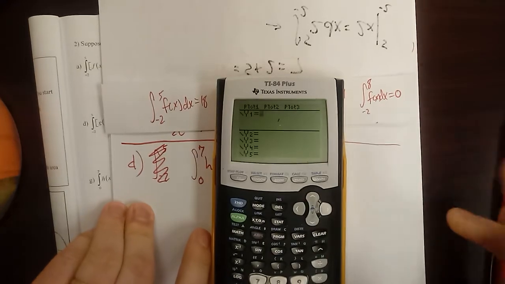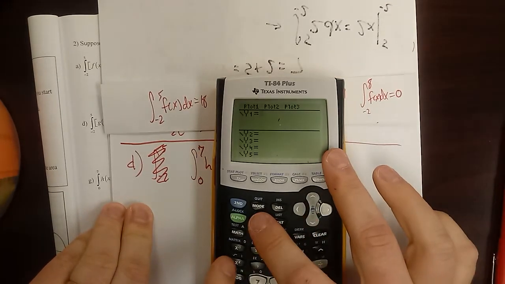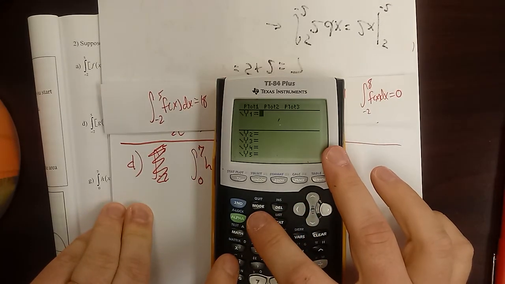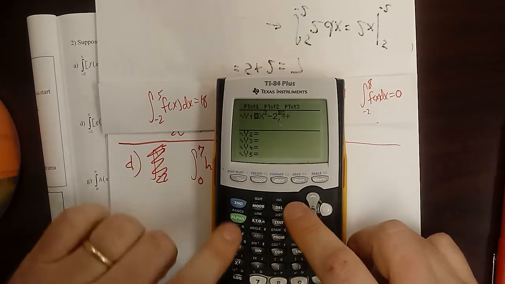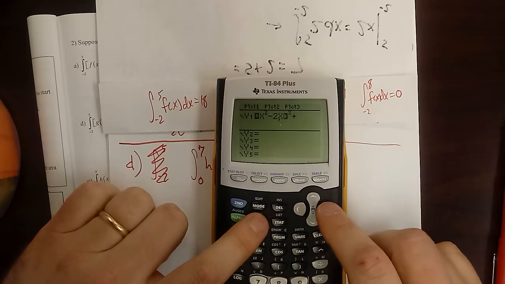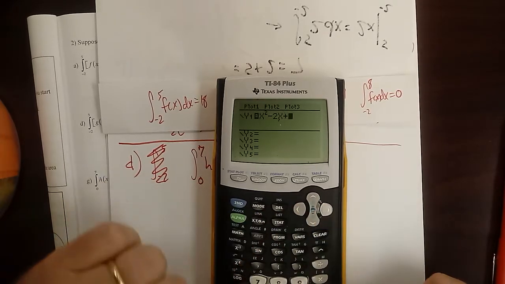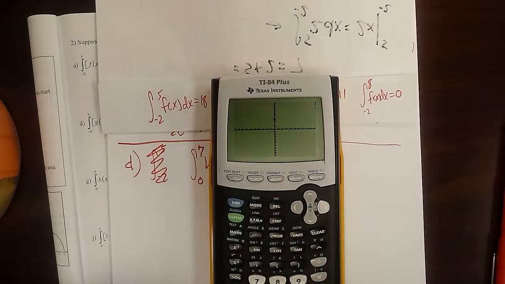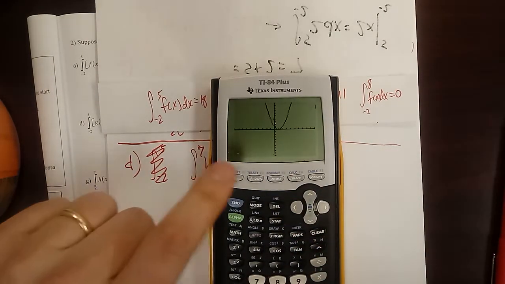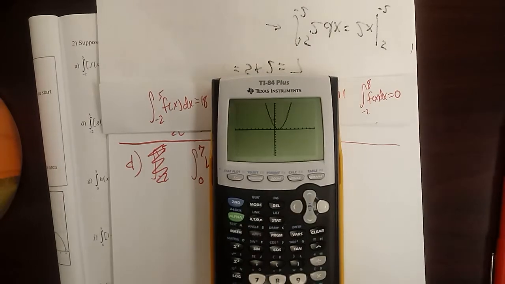So if you take x squared minus 2x plus 1 and you graph it, you have this function over here.